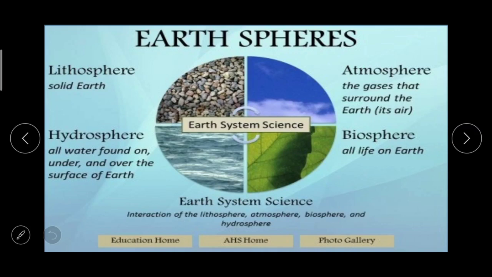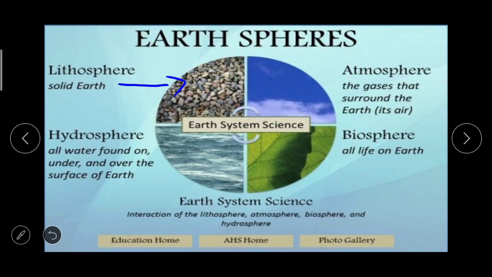So here, the earth spheres. Here you can see lithosphere, that is solid earth; then hydrosphere, all water found on, under and over the surface of earth, that is all inclusive water bodies.